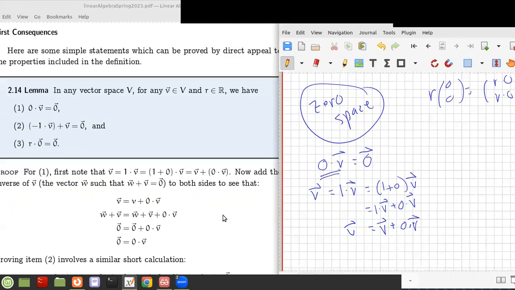And then I know that there's an additive inverse of this. There's a vector w, so I can say w plus v equals, I'm choosing this to be the inverse, w plus v plus 0 times v.